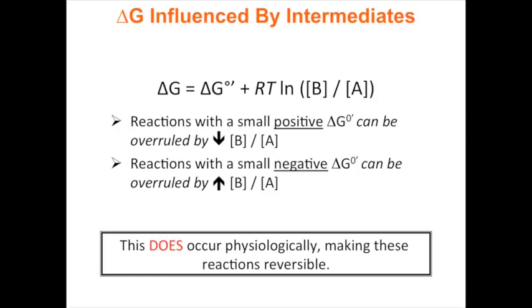Large delta G's can't be pushed one way or the other if the nature of the reaction is so impossibly strong in one direction or the other that it won't be influenced by the substrates and products. We can push a reaction forward if we have more substrates. We can push it backwards if we have more products. And what we call the division between small and large is around 14 kilojoules per mole, plus or minus 14 kilojoules per mole.